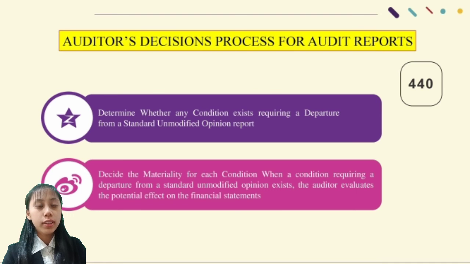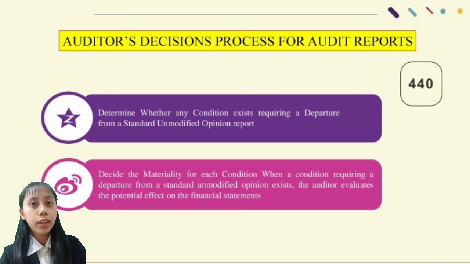The auditors identify conditions when they perform the audit, and they include the information about any condition in the audit file or in a discussion for the audit report. If no condition exists, as in the usual common case, the auditor will issue a standard unmodified opinion audit report.